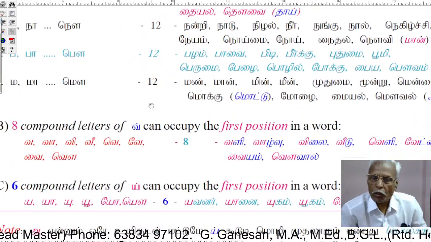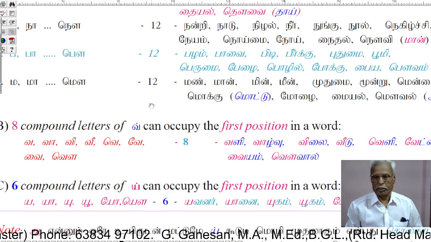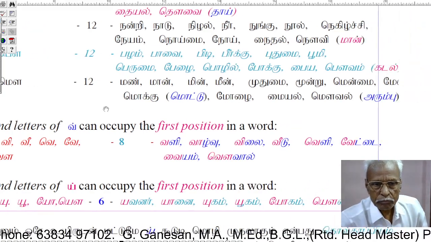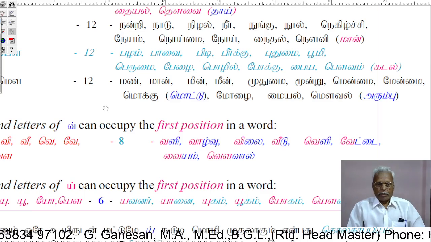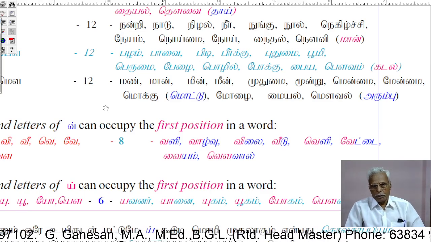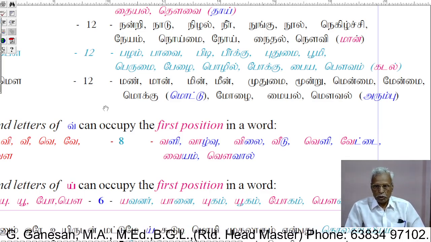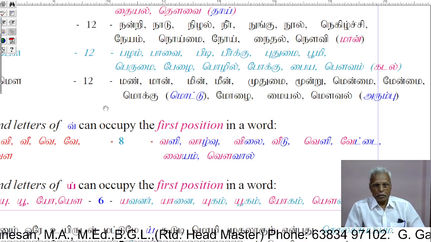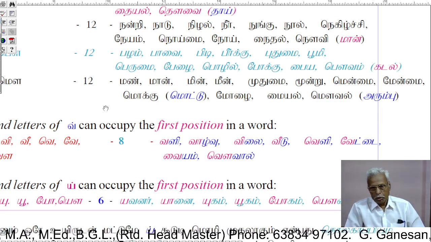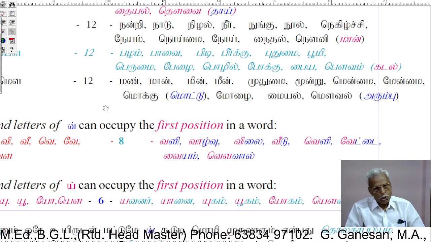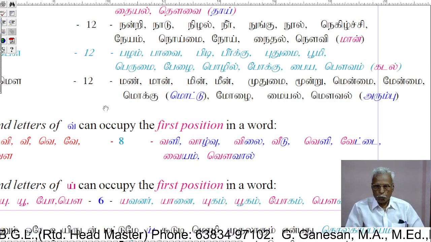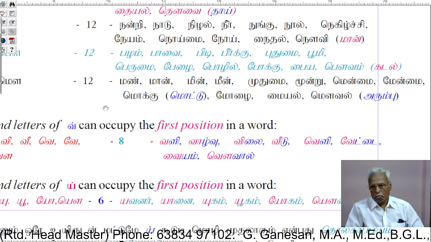Then the 12 compound letters of the im family. See? Man, mon, min, mean, mudumai, mundru, menmai, manmai, mukku, muttu, molai. Mukku means muttu, that is bud. Molai, mayal, maval.